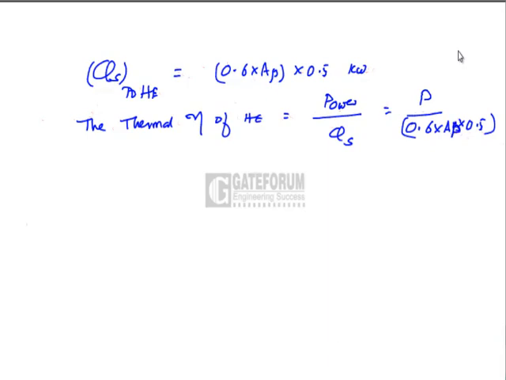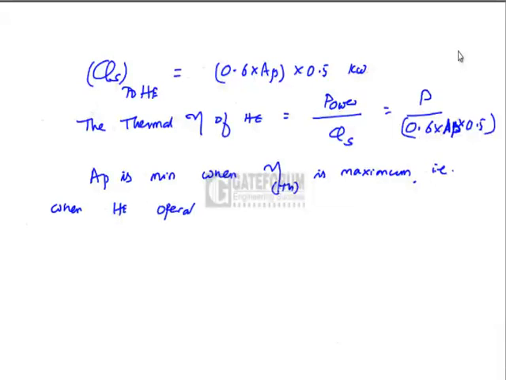The area of the plate will be minimum only when the thermal efficiency of the heat engine is maximum. That is when the heat engine operates on Carnot cycle, or when the heat engine is Carnot heat engine, which is also known as reversible heat engine.